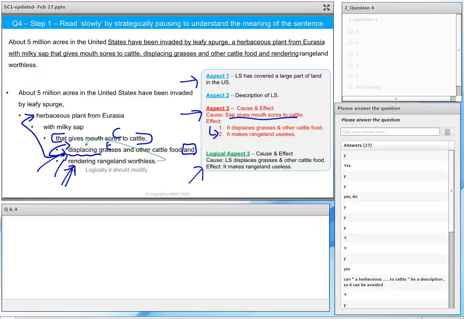When you remove chunks of words from the sentence to evaluate, you are killing the context of the sentence. And that can be very, very misleading. So never ever think like, okay, let me just do away with this part of the sentence and then analyze it. Never do that. Nobody will tell you that. So never ever do that.